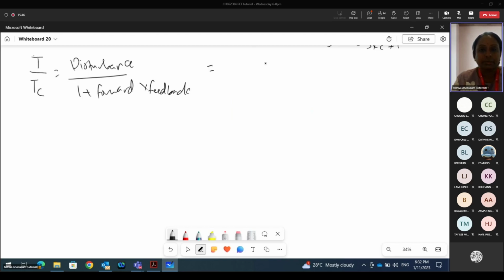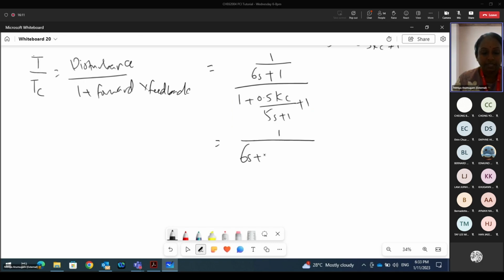So the disturbance transfer function, as we calculated just now, is 1 over 6s plus 1. And for the forward feedback, similar to what we did for the T over SP, it's 0.5 Kc over 5s plus 1, plus 1. Okay, so this is equal to 1 over 6s plus 1.